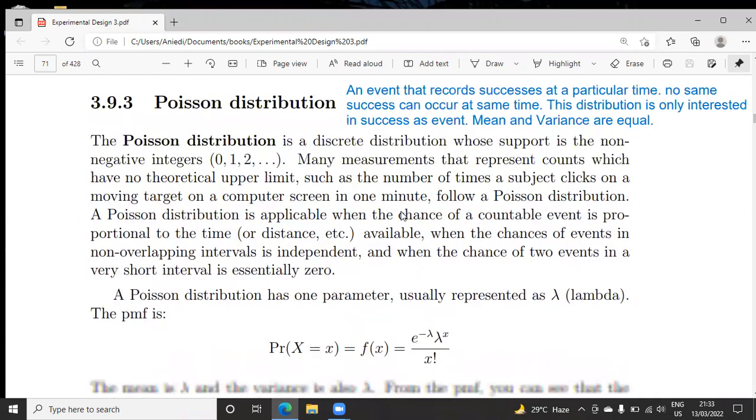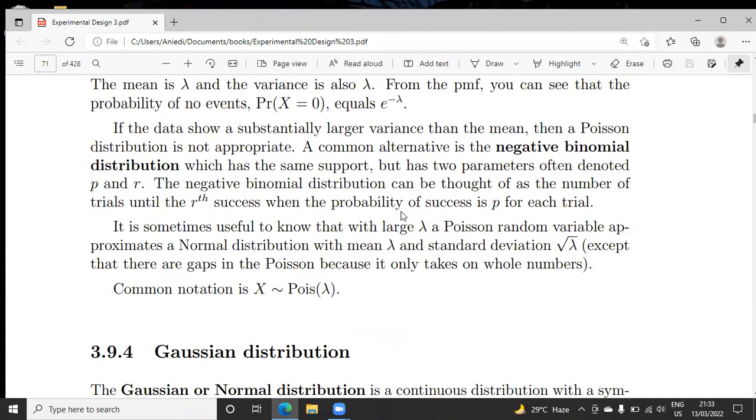So if you are given a set of data of successes over time, now the successes become an event, and you have to calculate the probability. You have to know what probability distribution you have to use.